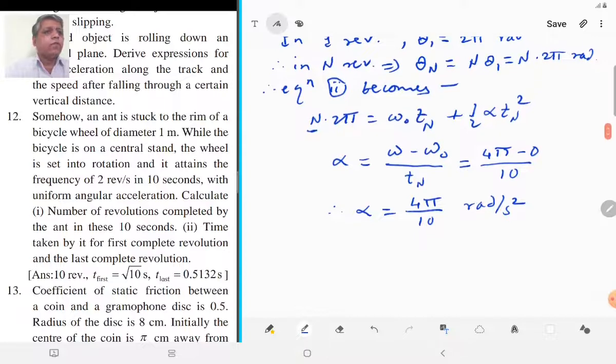Now substitute the value of alpha, omega 0 and Tn in this equation. Say this is equation number 3.